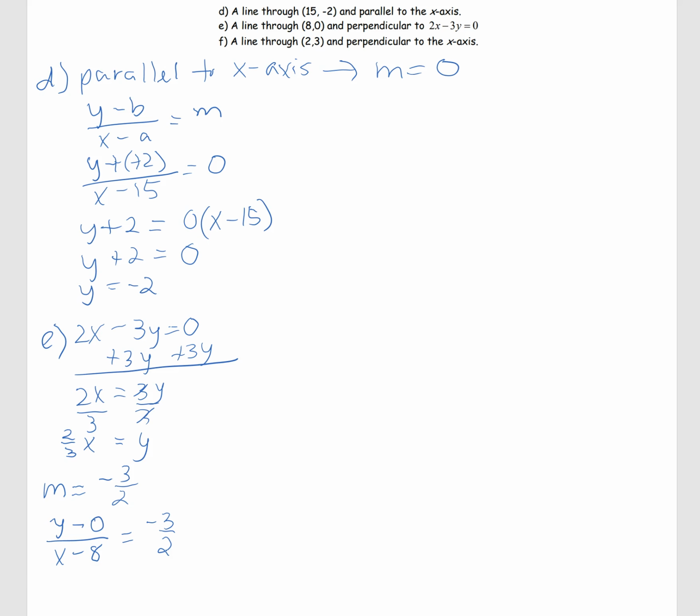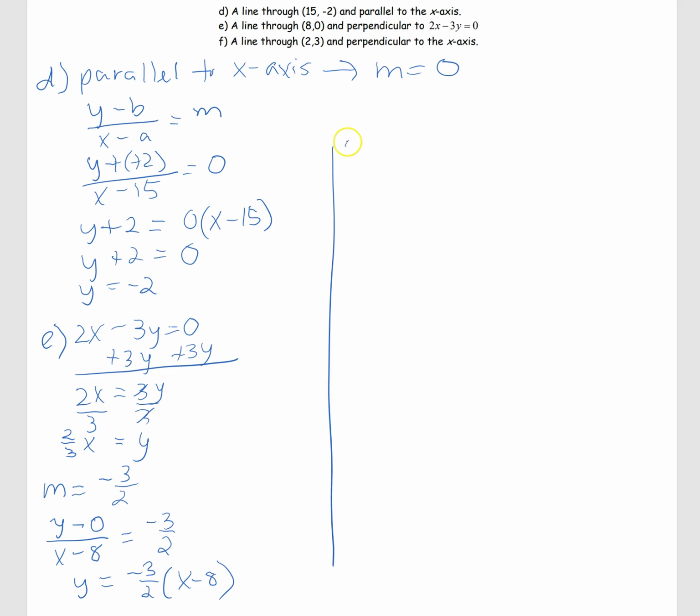And rearranging this and multiplying x minus 8 to both sides of the equation gives us y equals -3/2 times x minus 8. So that's the equation of the line in part E.